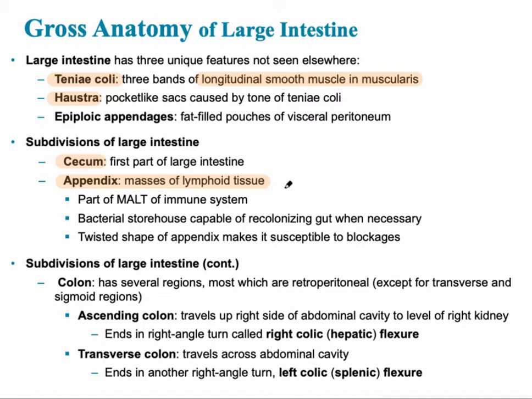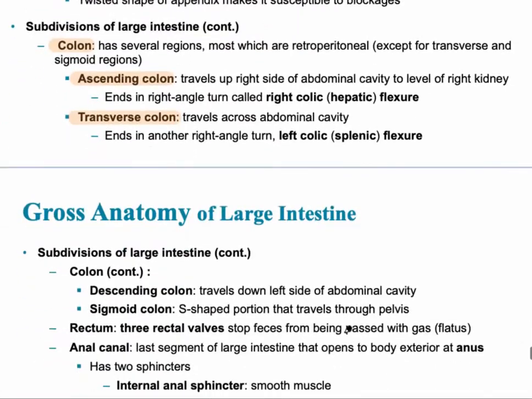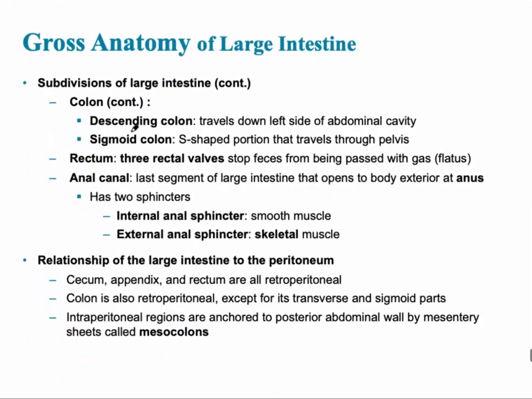Then after that point, the other subdivisions of the large intestine, also called the colon, include the ascending colon, the part that travels up, the transverse colon, the descending colon, sigmoid colon, and that finally empties into the rectum and the anal canal.